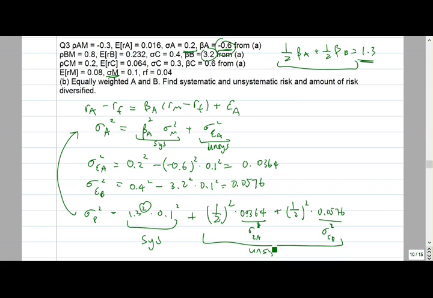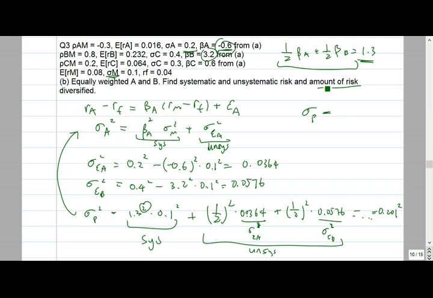So that's the risk of the portfolio and the amount of risk diversified. At the end of some calculation, this risk is 0.212. Oh, this thing squared. Okay.